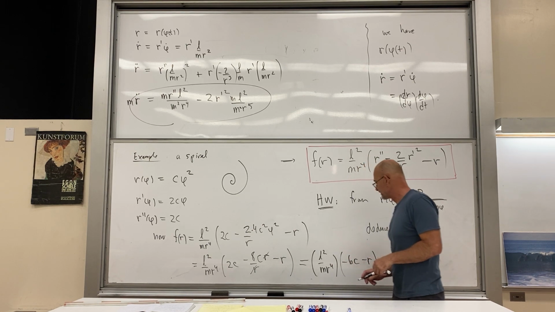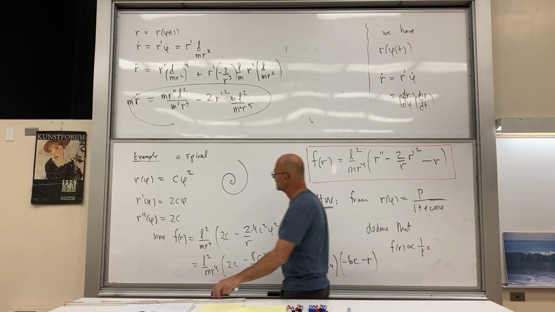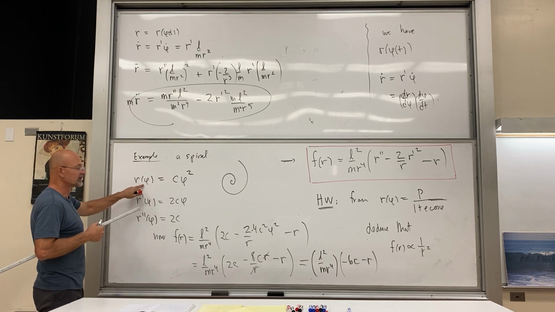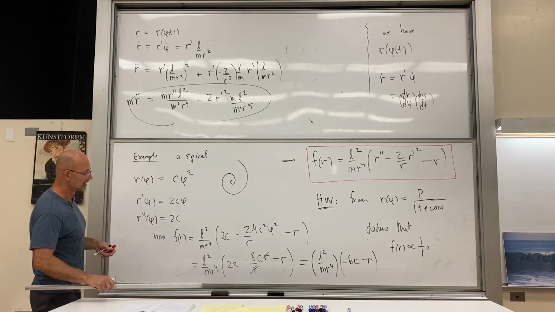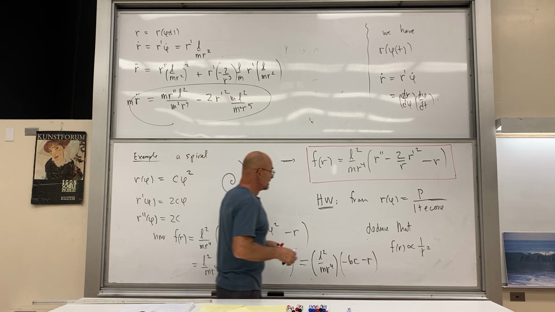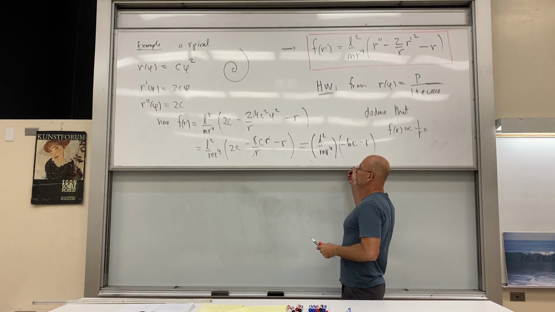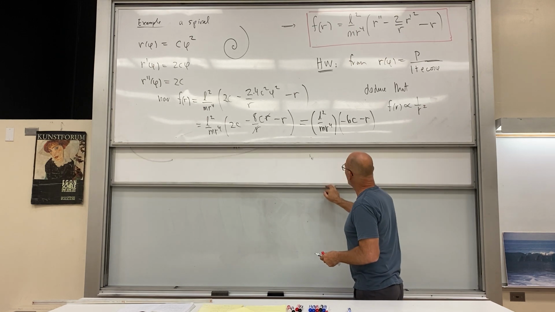Good. Now what about the dimensions here? Well, they're right, because the angle's dimensionless, so c has the dimensions of a radius, of a length. So let's simplify this thing one more time to see what we have obtained.